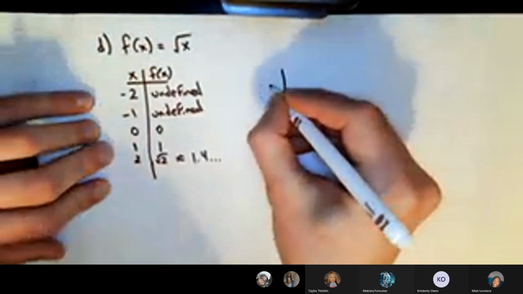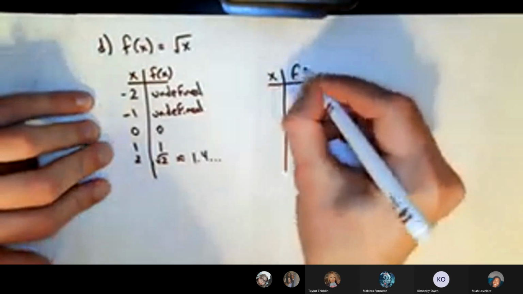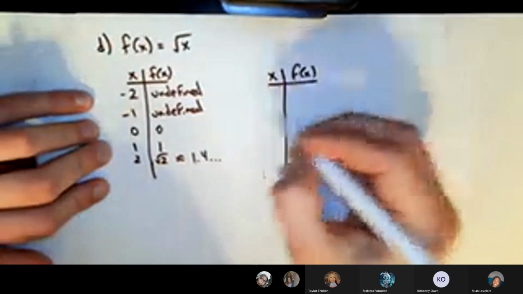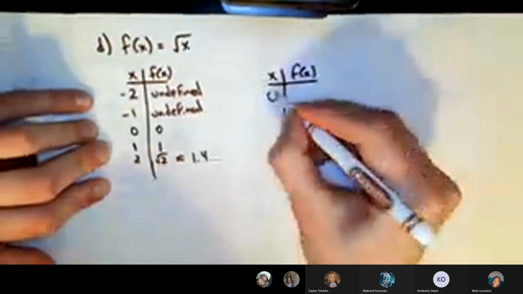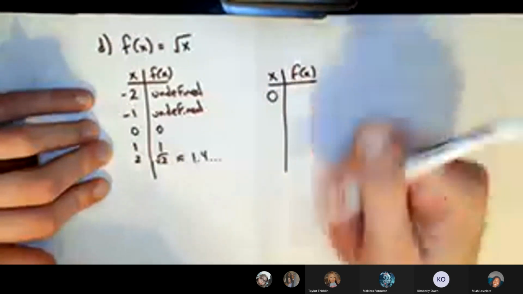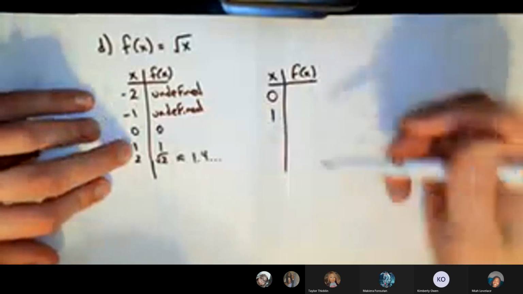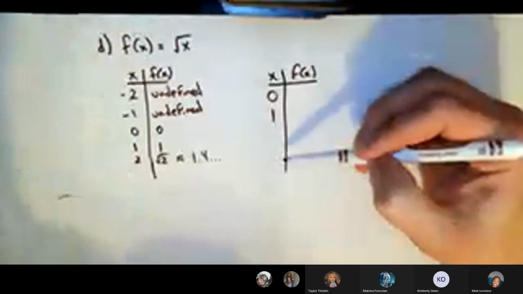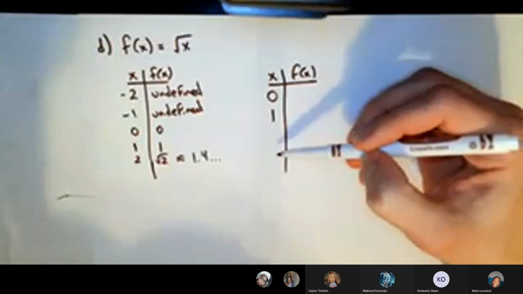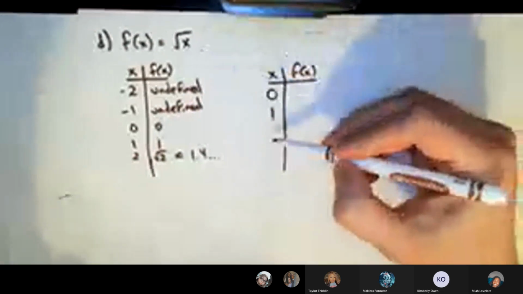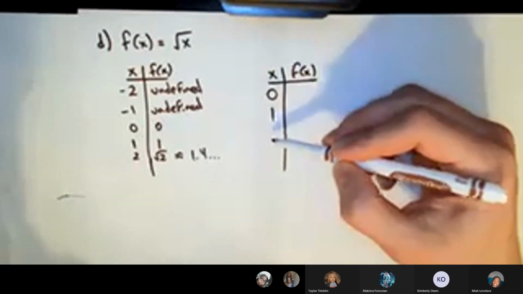Let's pick the x values. First of all, we're going to start at 0 and go into the positives. We're going to take 1 as well because 1 was fine. What would be the next number that you think would be a good choice? Makira, if we're plugging into a square root function, what would be a good choice?